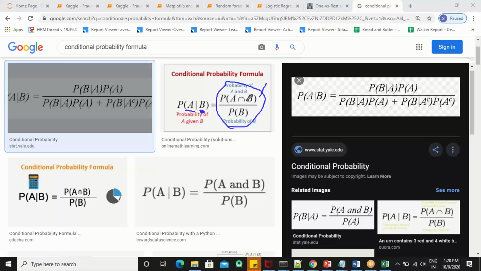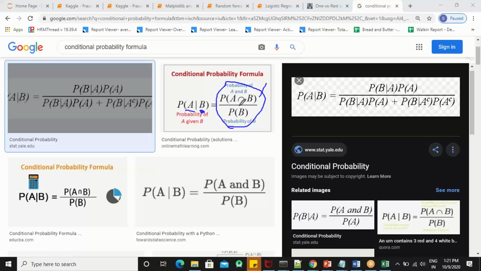For example, when did it happen that it was raining and also sunny. It was sunny and raining both. So when both occur together, then you talk about probability of A intersection B, and probability of A intersection B can also be represented as probability of A multiplied by probability of B for certain cases. So guys, read about probability. There is a lot to it.